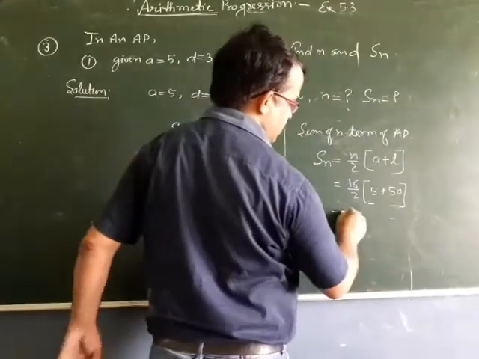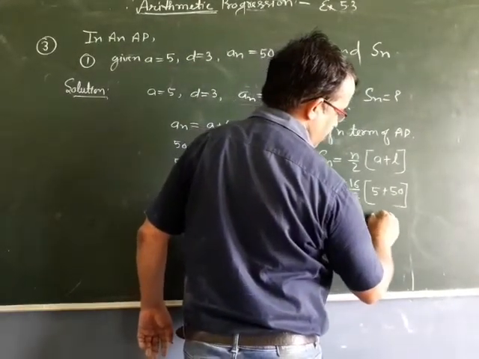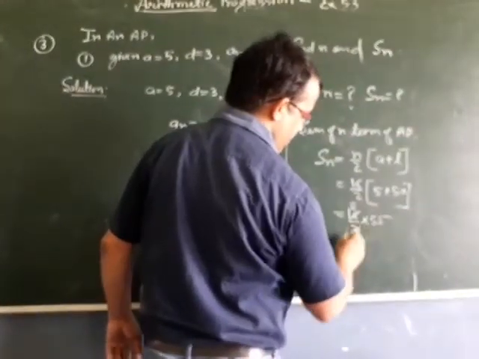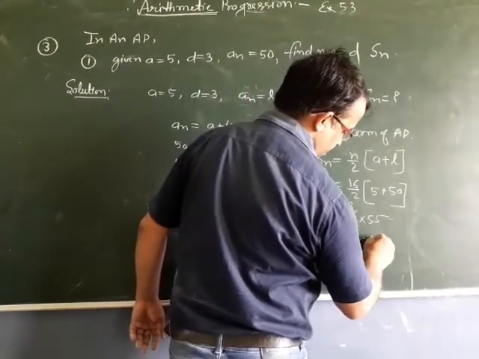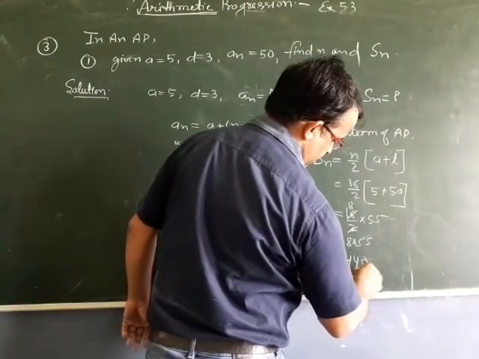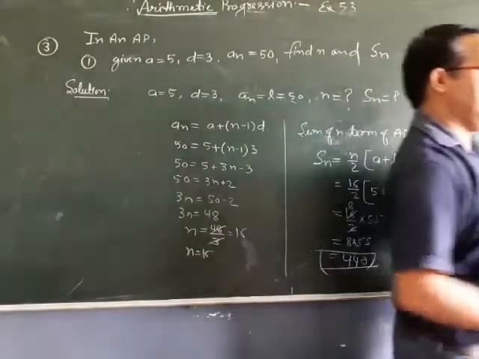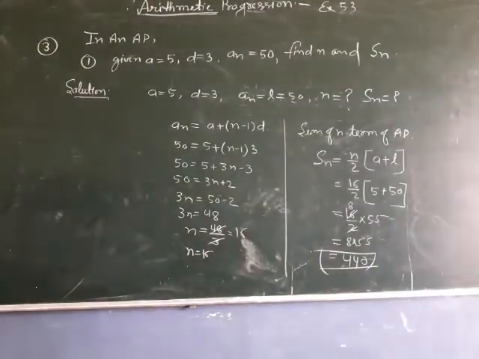So this one is 16 by 2 into 55, and 2 eights are 16, so 8 into 55. 440 is your answer. Clear?